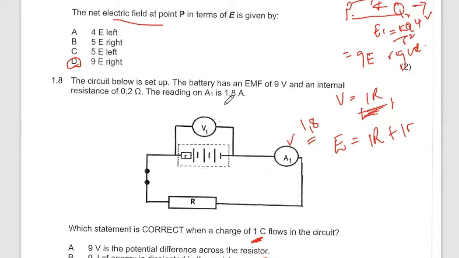They give us the internal resistance as 0.2. So what is 0.2 times 1.8? 0.2 times 1.8. That gives me 0.36. When I subtract that from the 9, I'm getting 8.64.